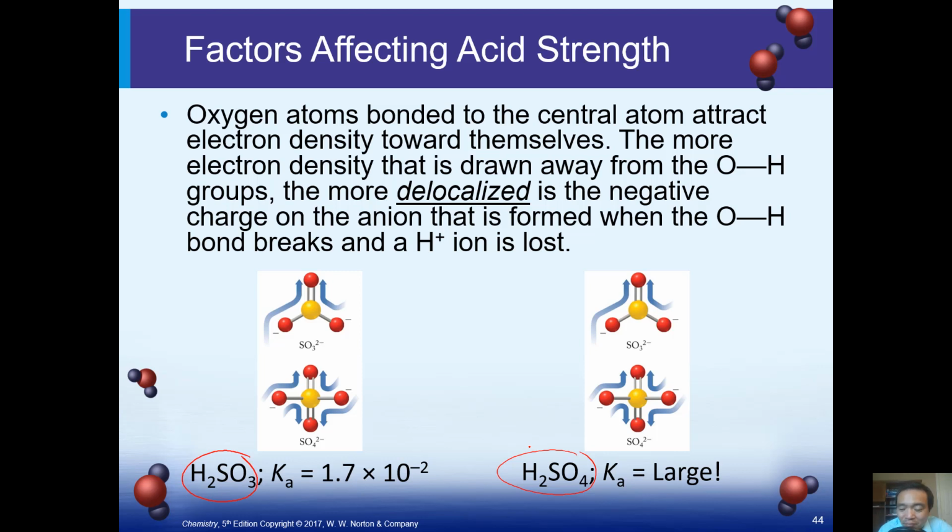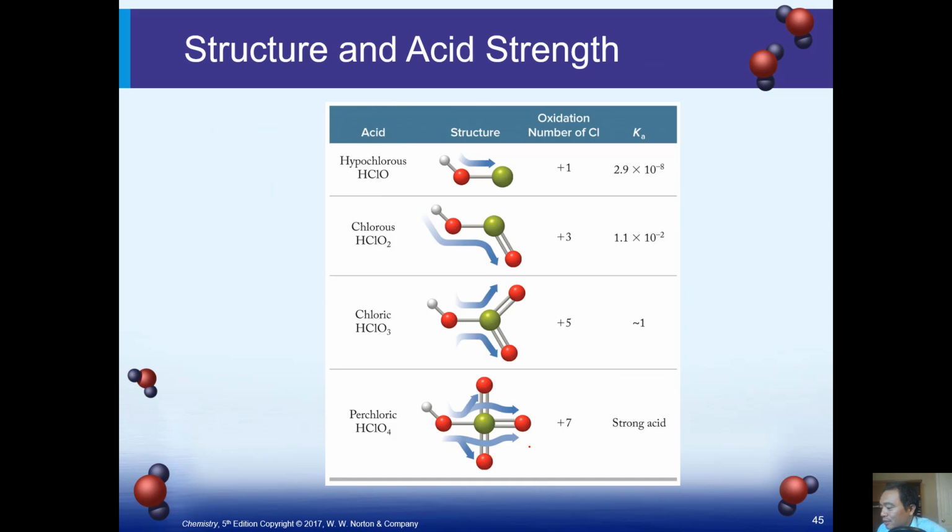Okay. Why is that? We can actually analyze the structure and know why. When you look at the electronegativity of this oxygen and the atom that's attached to it, you have a chlorine over here.